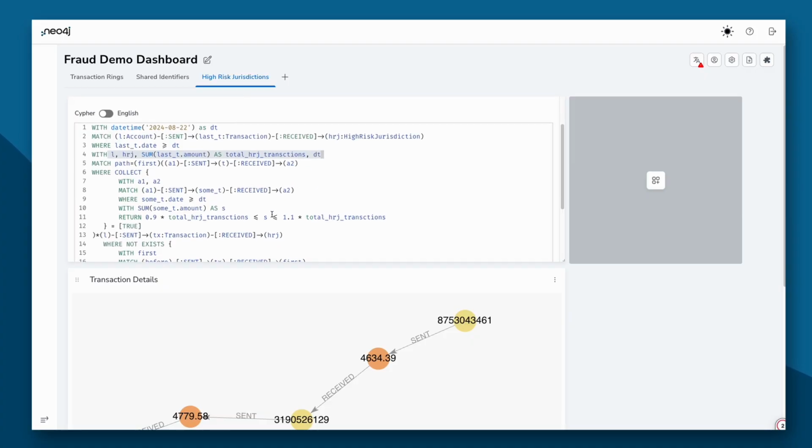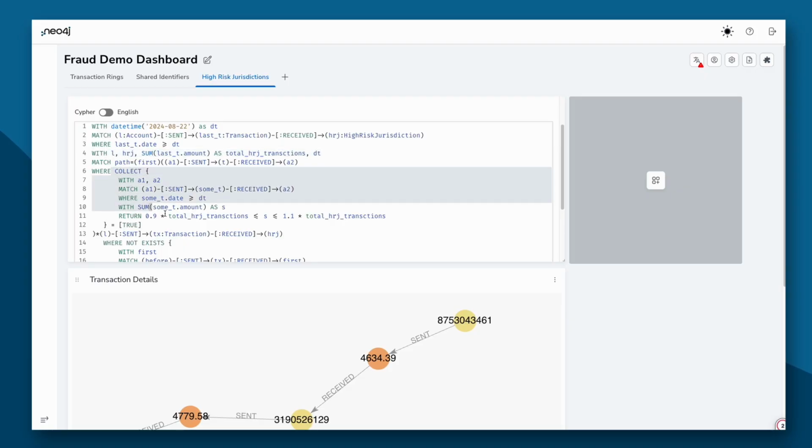jurisdiction, and then start to look prior in time. You can see we're doing a date filter down here, and we're looking for things that are roughly close to the amount that was sent to the high-risk jurisdictions. So what this query is doing is looking back in time to find all the money that has come into the account that is then engaging in this suspicious activity.